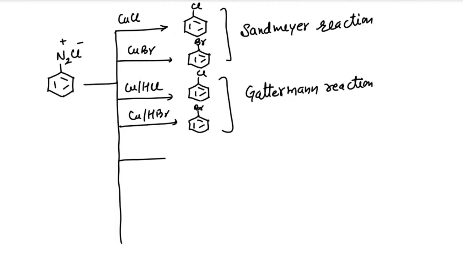Now, with iodine, in this case we just treat it with, or we can warm it with potassium iodide, so we get iodobenzene, right? Now next is to form fluorobenzene. First of all, we treat it with hydrofluoroboric acid.